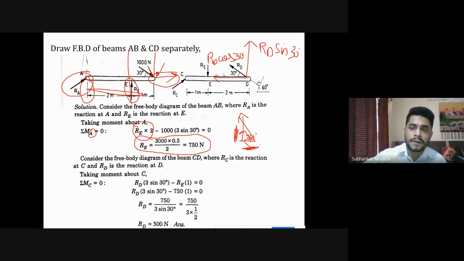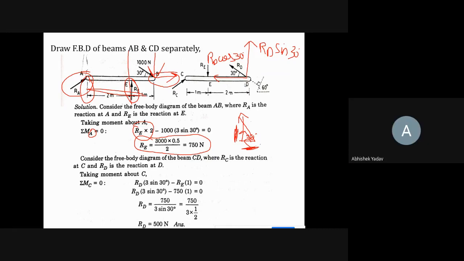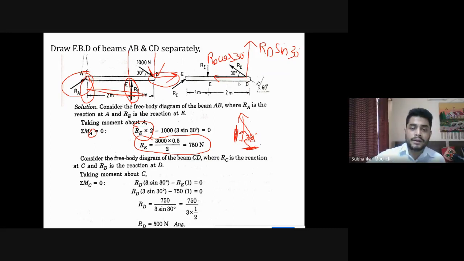Can you tell me from the diagram what will be the perpendicular distance? 3 meter, that is RD sine 30 into 3. Positive moment or negative moment, that means either it is clockwise or anti-clockwise. Which moment is it? Anti-clockwise. So it is positive 3 into RD sine 30.